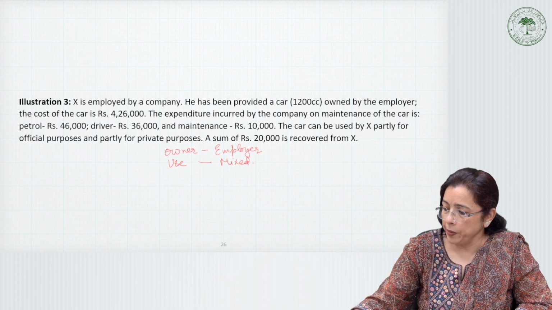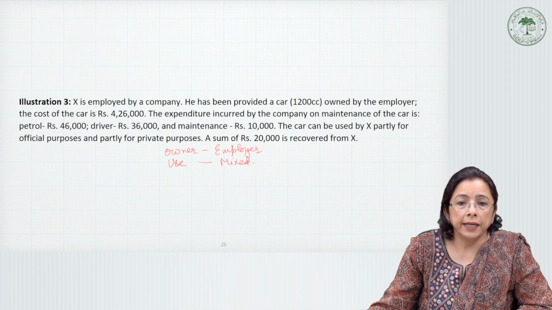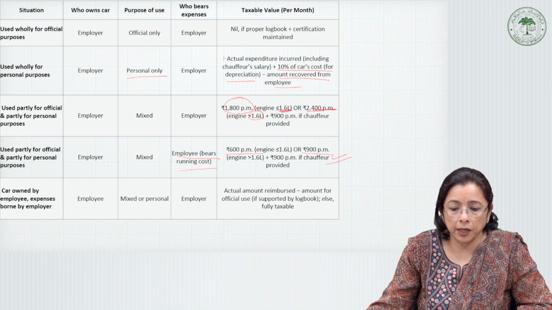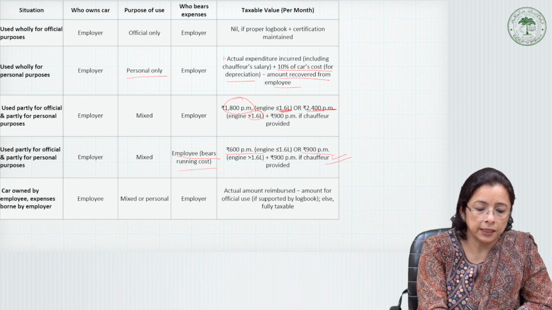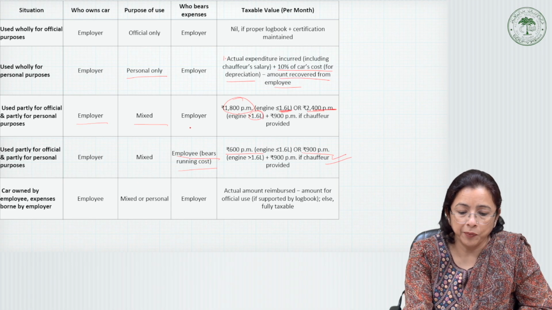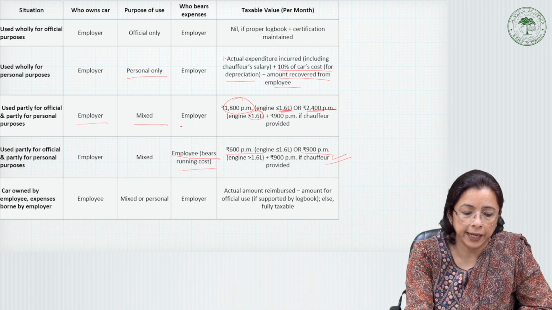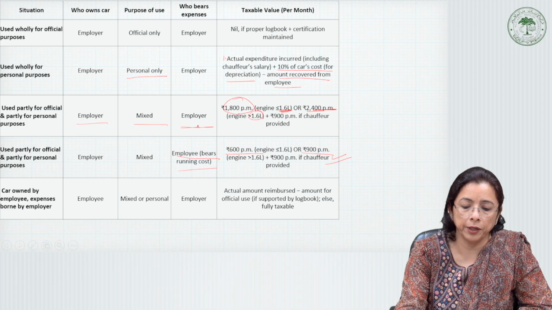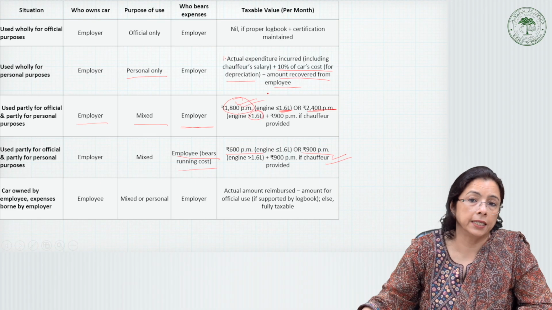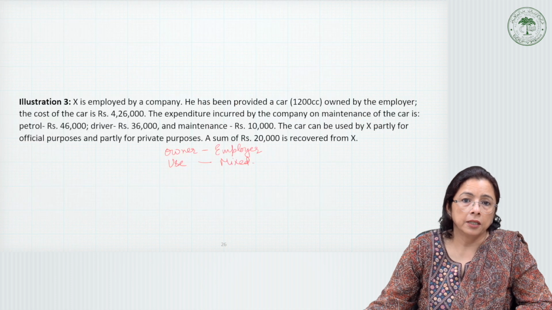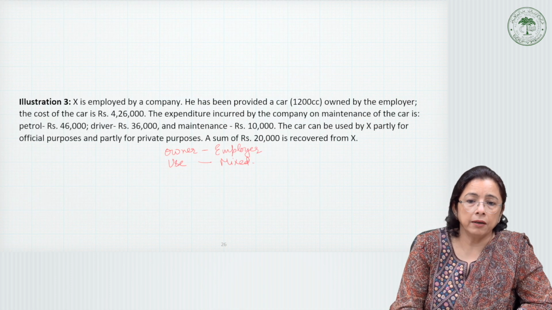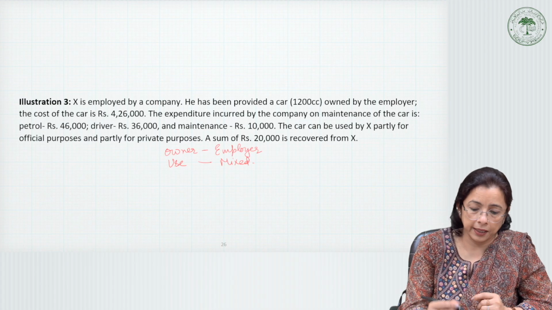So if we just go back to the chart and we find it is owned by the employer and the use of the car is mixed, and yes, who bears the expenses? It is the employer. In that case, if it is a large car, then we will go for 1800 per month, the value as 1800 per month.